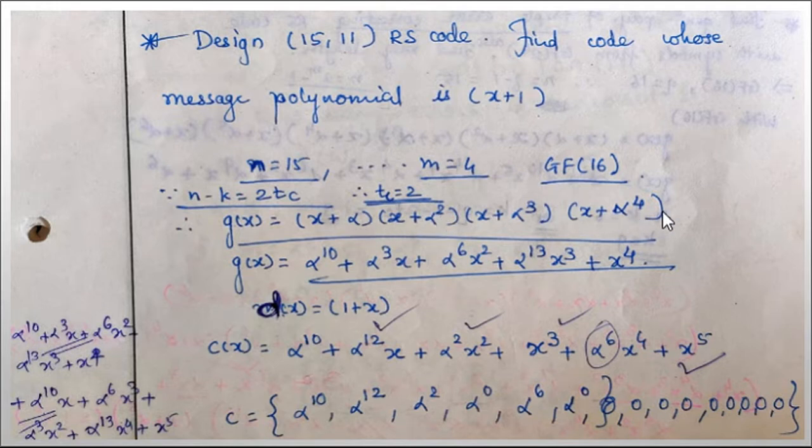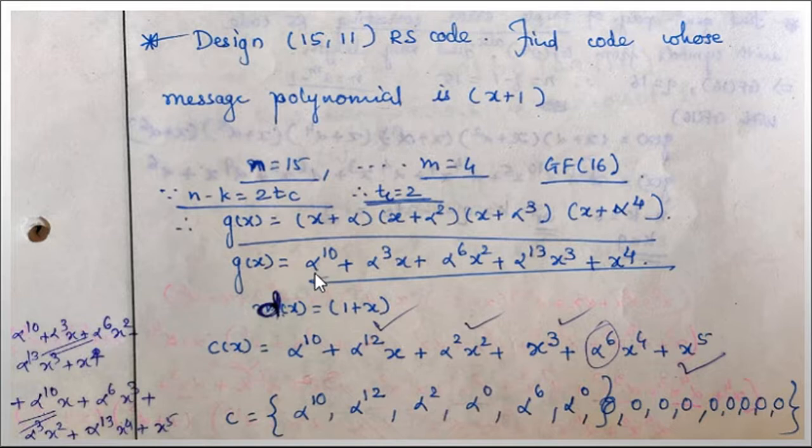to solve any simplification related to alpha. Now, once we multiply all these terms, we will get the value of g of x like this: alpha raised to 10, plus alpha cube x, plus alpha raised to 6 x square, plus alpha raised to 13 x cube, plus x raised to 4. Here you can observe why it is a non-binary cyclic code.